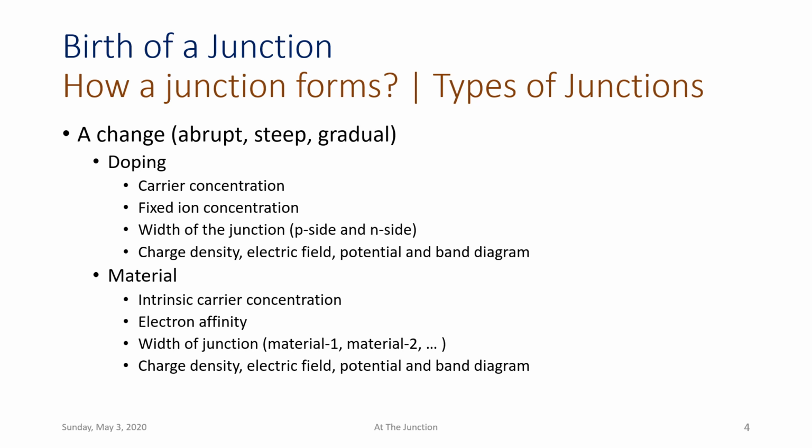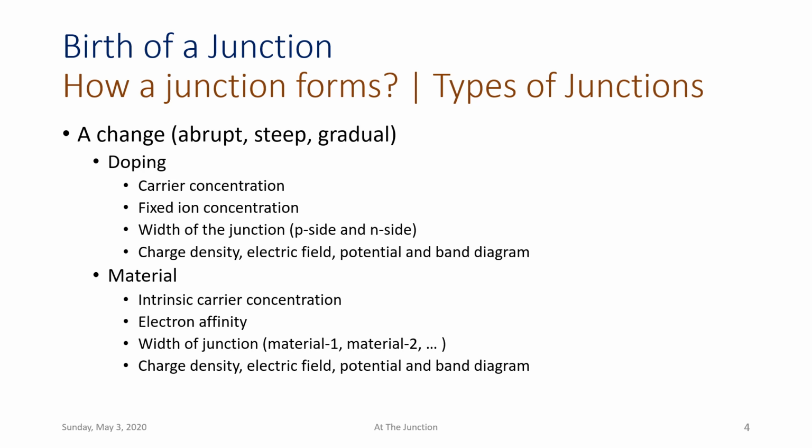So let us look at doping. We could dope the semiconductor p-type on one side and n-type on the other side, which means that the carrier concentrations would be different on each side of the semiconductor.